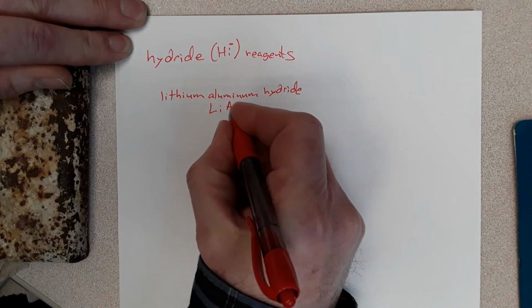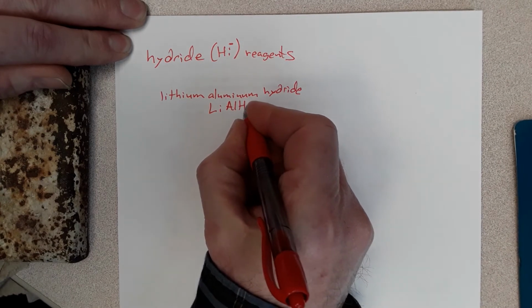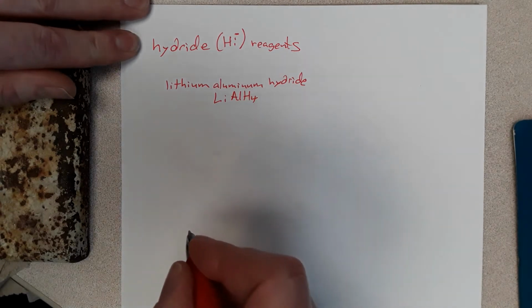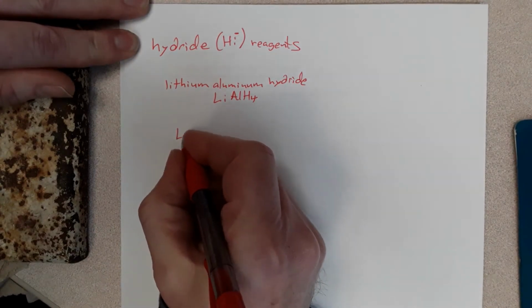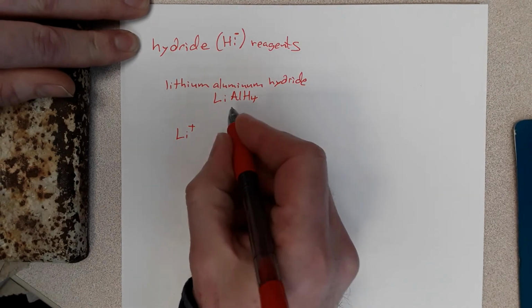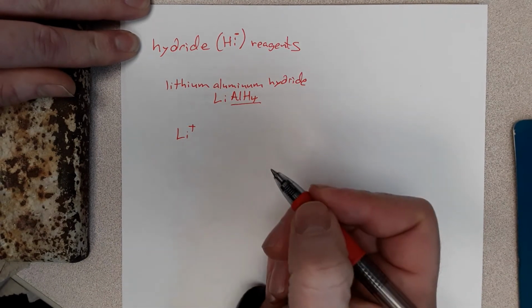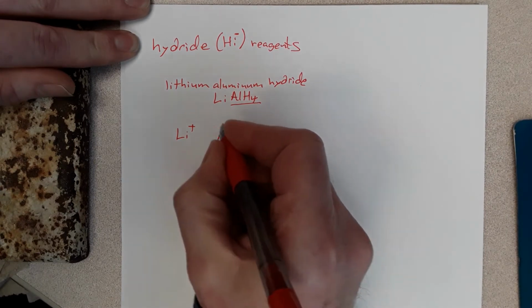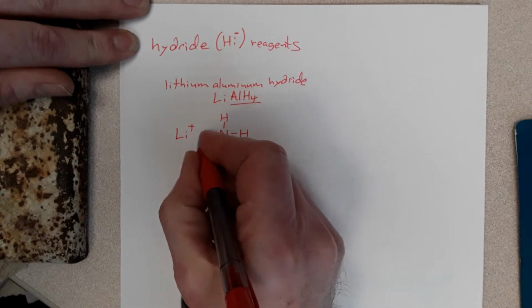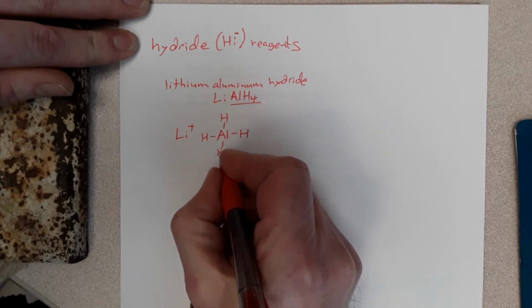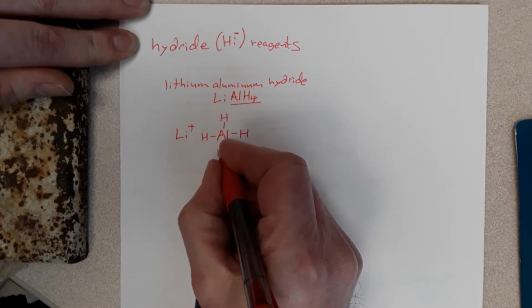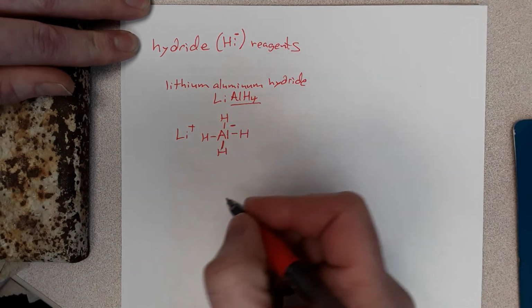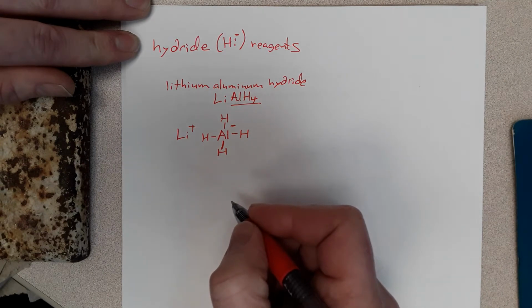This reagent is composed of a lithium ion, positive charge, and then aluminum hydride that has a negative charge. Aluminum is covalently bonded to 4 hydrogens, and it has a net negative charge on the aluminum atom.